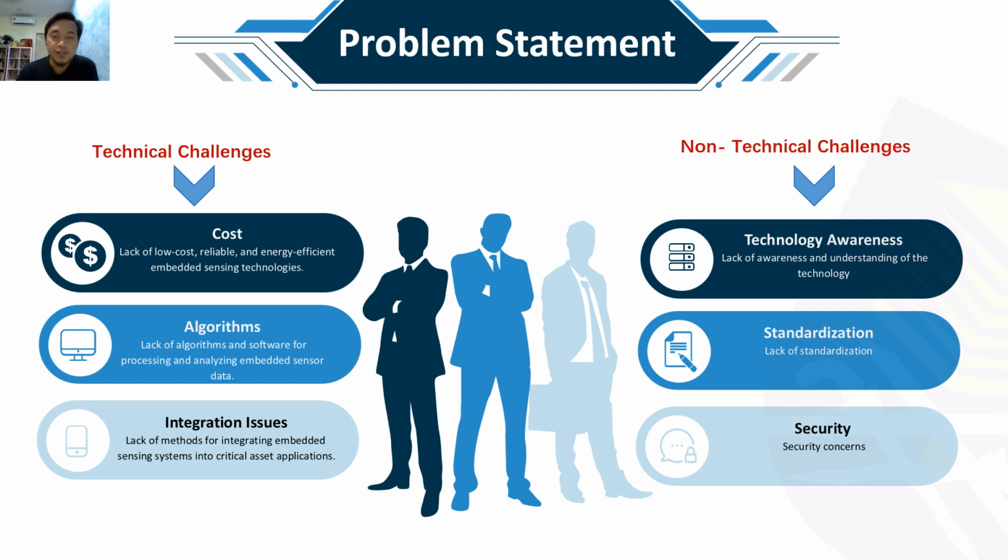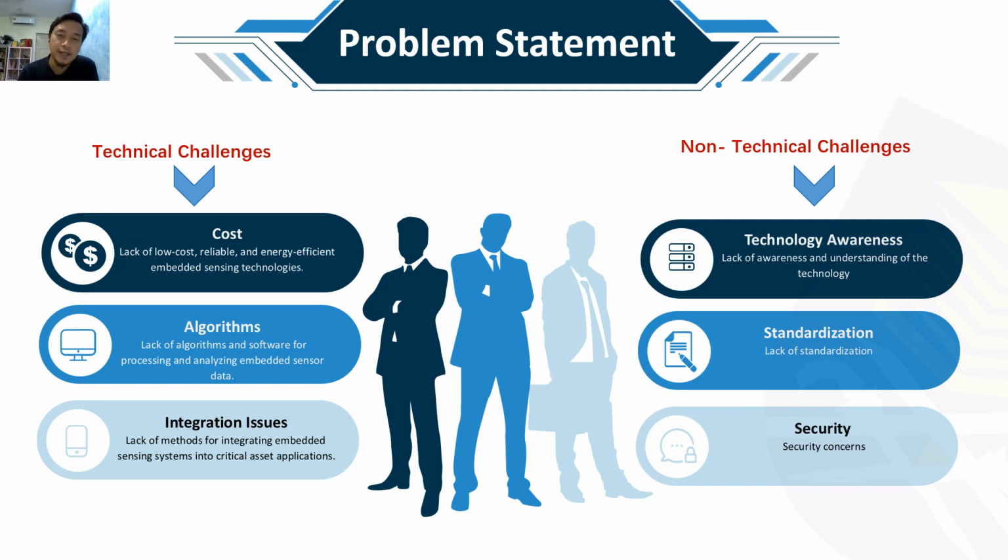And the third one is a lack of methods for integrating embedded sensing systems into critical asset applications. Critical asset applications are often complex and safety critical, making it difficult to integrate with new technologies such as embedded sensing systems.